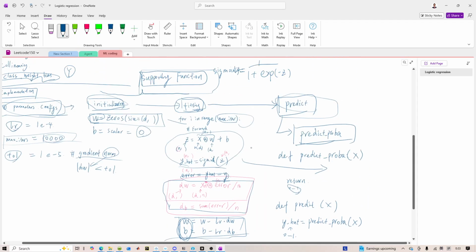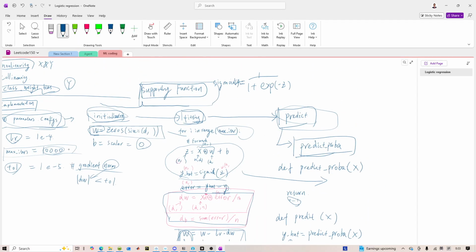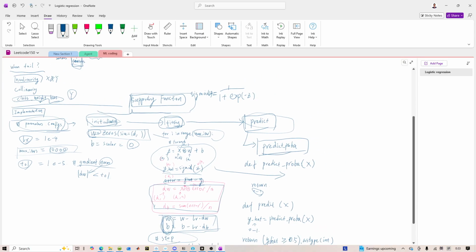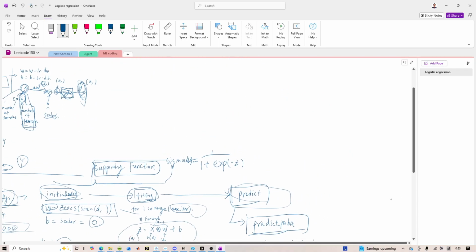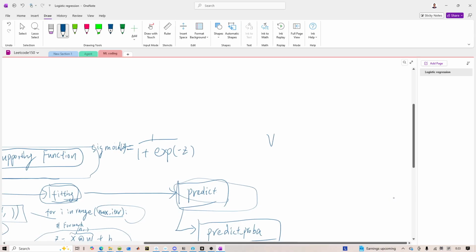This pattern can be applied to other algorithms that we're going to write in the future. And one most important thing is when we try to implement this during coding, we want to use NumPy in a way that is NumPy vectorization.